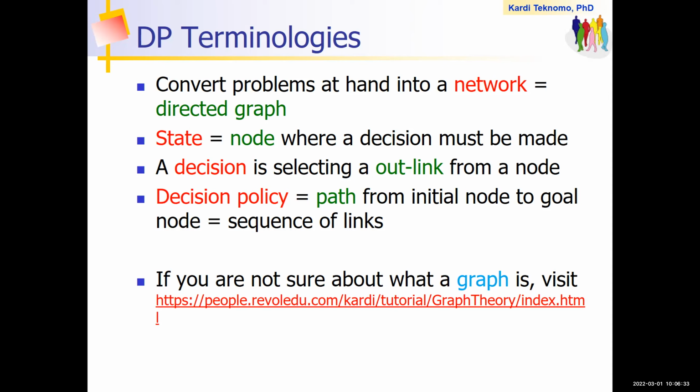So a link going out of a node is called an outlink. And then what is called a decision policy is basically a path from the initial node to the goal node. So then you will have a sequence of links or sequence of nodes as a decision policy.